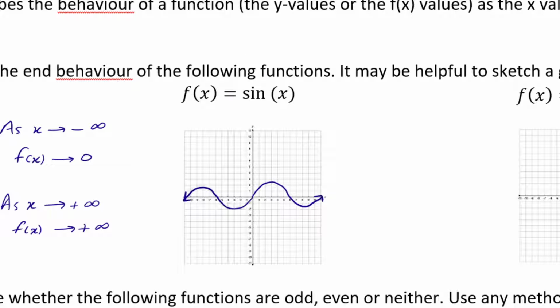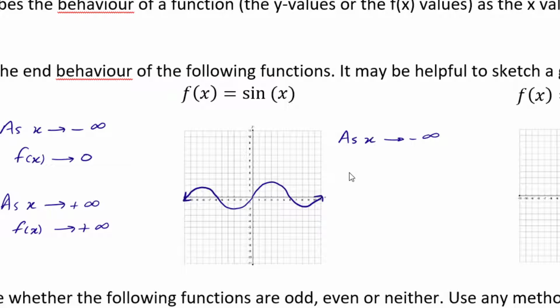So if I looked at as x approaches negative infinity, does the function go towards a single number? Well, it actually doesn't. There is no end behavior, no number that this graph basically converges on, because it just continues to go up and down.